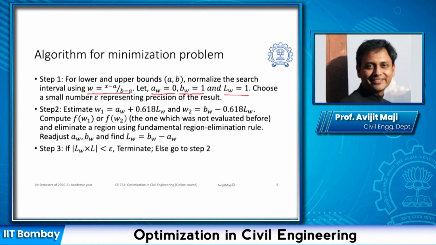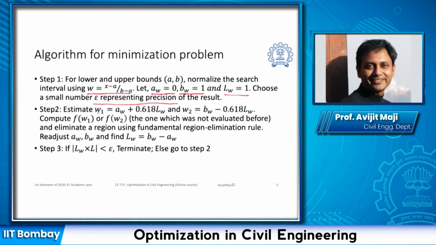Then we need to choose a very small number to represent the precision of the result obtained. Once we do this, we need to find the 2 points at which we evaluate the function and apply the region elimination rule.